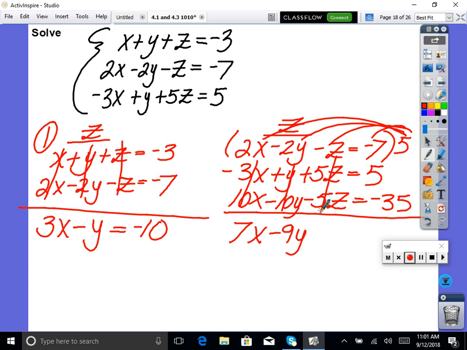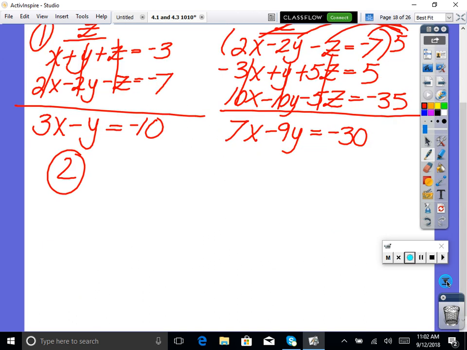My z's cancel out, and we get equals negative 30. You've done step 1. The only reason we use step 1 is to get to step 2. So now step 2 allows us to put them together. So we have 3x minus y equals negative 10, and we have 7x minus 9y equals negative 30.